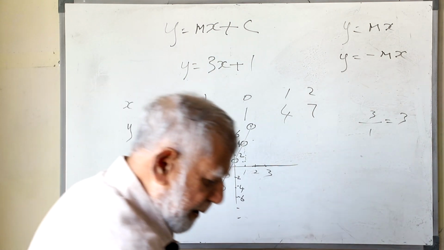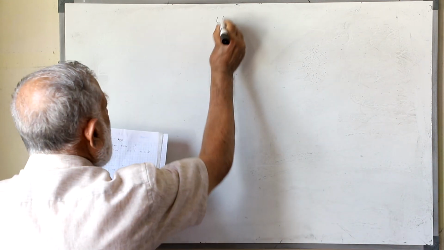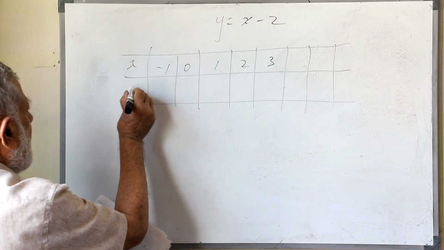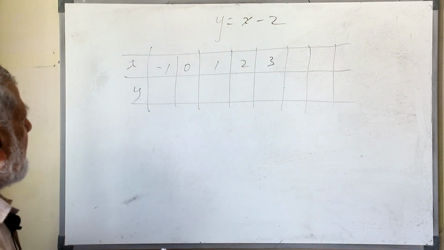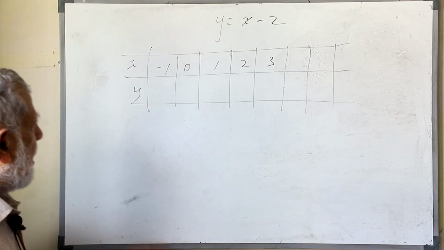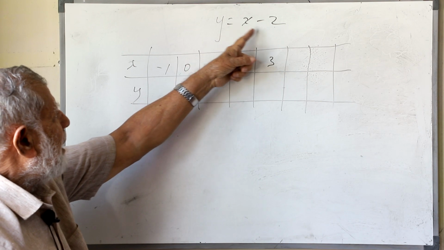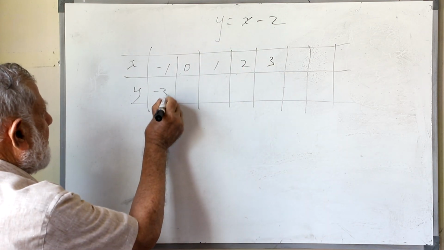Okay, we will draw another graph for this. y is equal to x minus 2. The x values, these are y values. So now we will calculate the values. Now when x equals minus 1, minus 1 minus 2 will be minus 3.